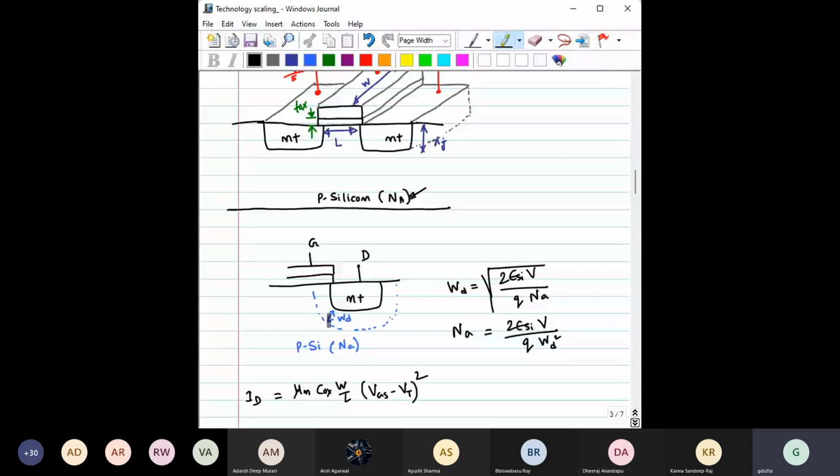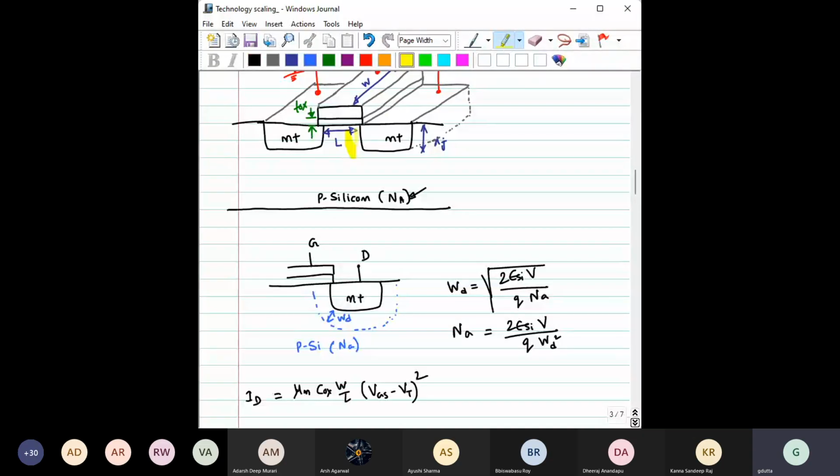So we are scaling all the physical dimensions, which means this width also has to be reduced by the same amount. Are you getting my point? Otherwise, what will happen?